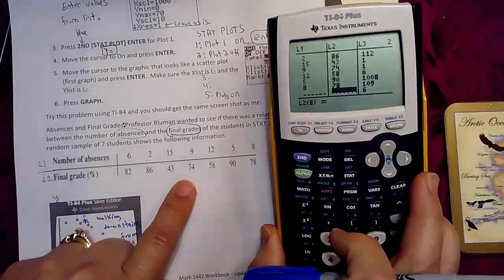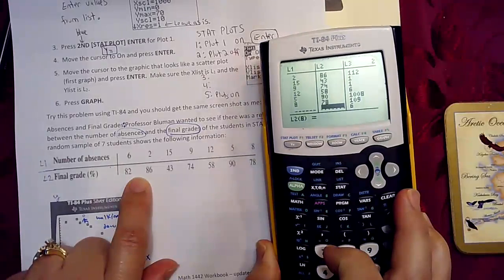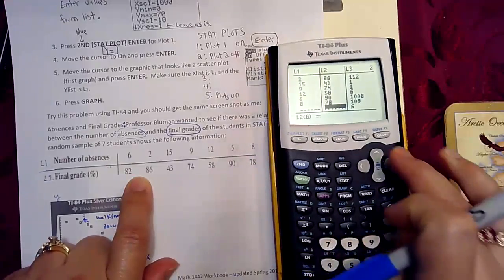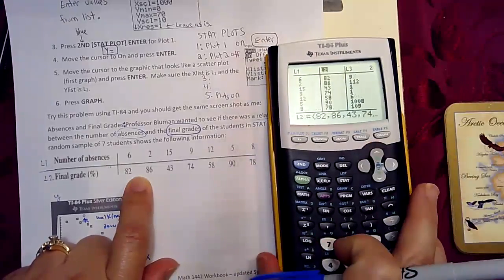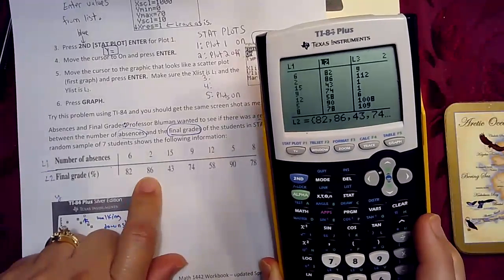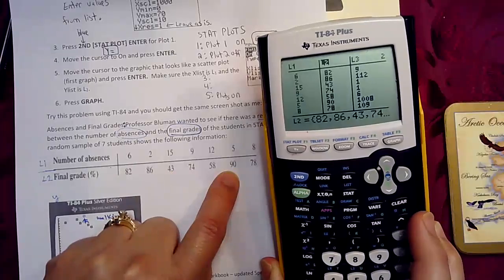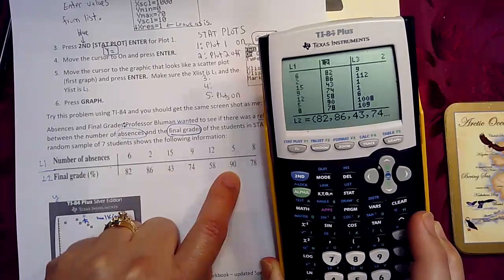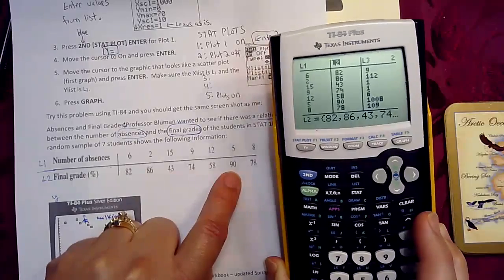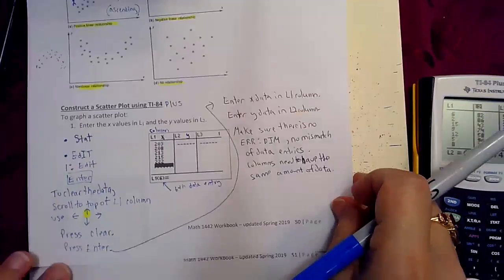Let me just take a look at that and make sure I have them entered correctly. It looks good. I'm also going to do this. You saw me make use of the delete, right? Because I needed that.